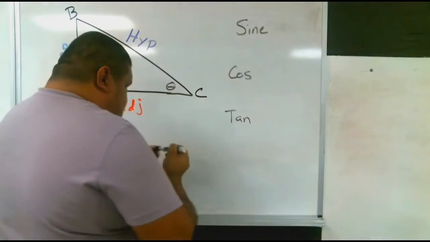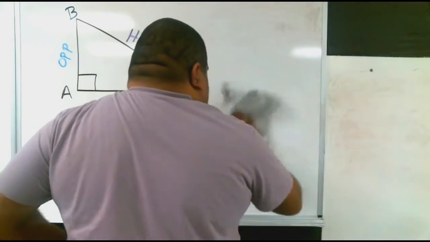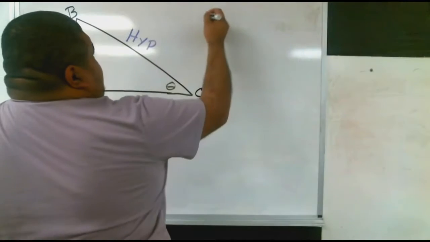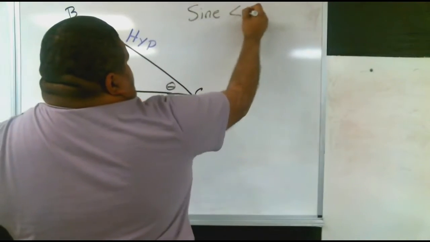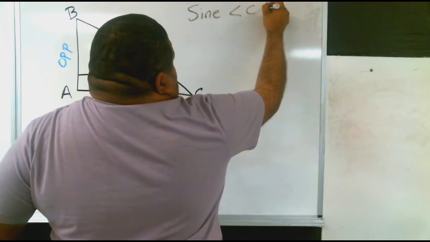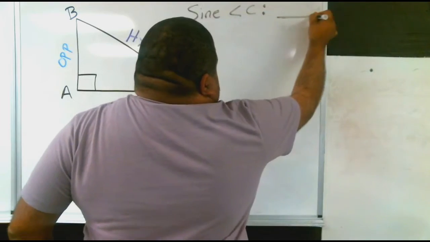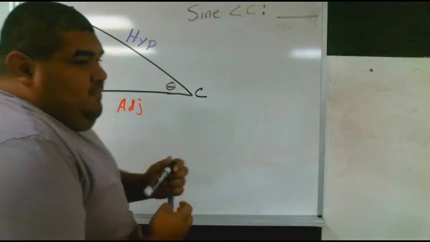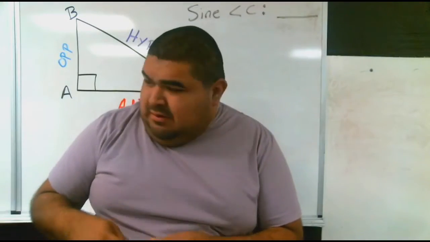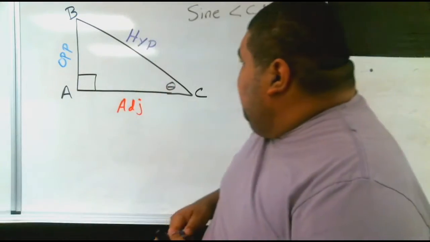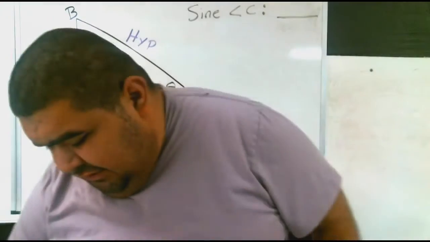Let's do a little more space here. So we have sine of angle C. Let me see what colors I used. I used purple for hypotenuse, blue for opposite, and red for adjacent.